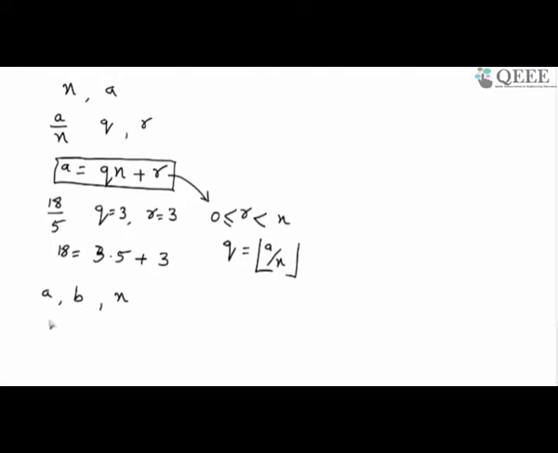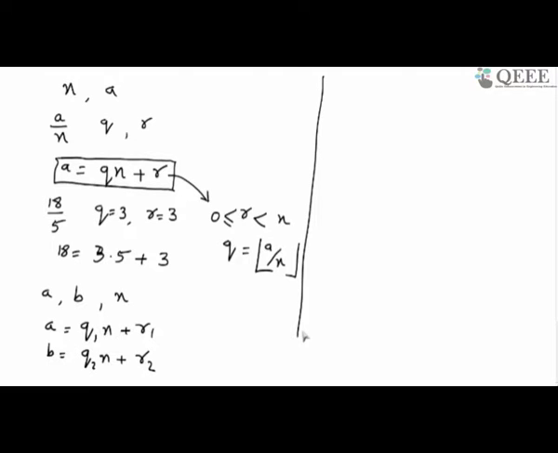So when we divide a by n, we get a quotient and remainder as we have seen here. So we can write a equal to q1 n plus r1, and b equal to q2 n plus r2, giving you another quotient and a remainder r2. This occurs when b is divided by n.